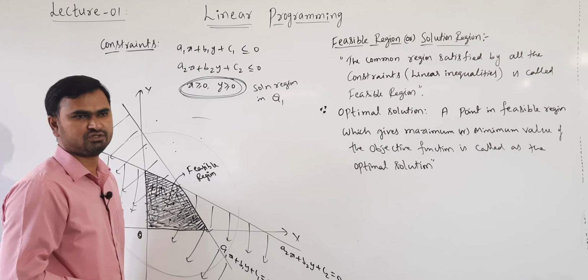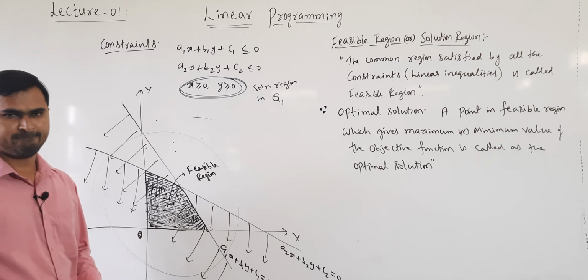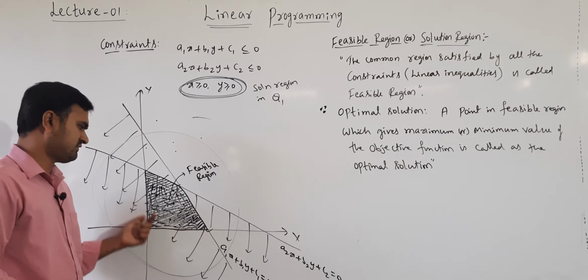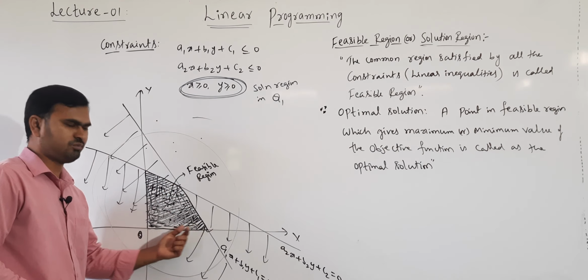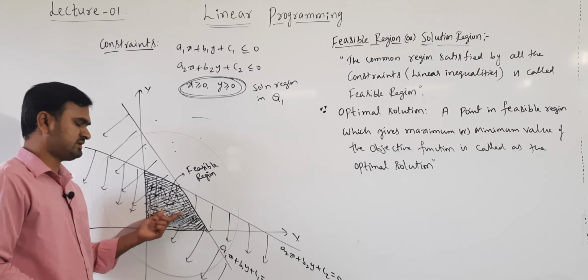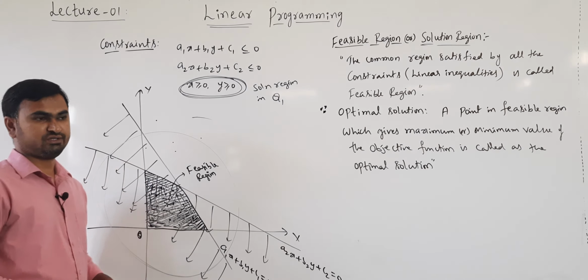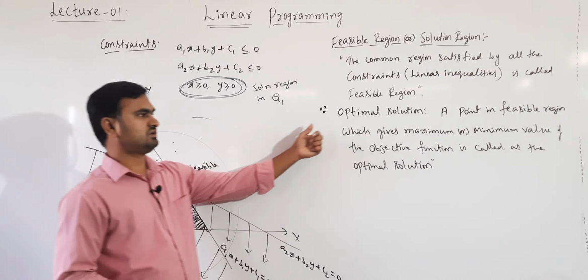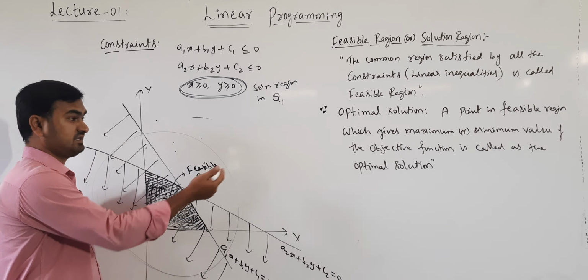Now how will we come to know at which point we are going to get this optimal solution? Since we have a feasible region like this, there will be an infinite number of points in it. Out of all those infinite points, how do we know at which point we get the optimal solution? Directly by taking all the points we cannot find it.